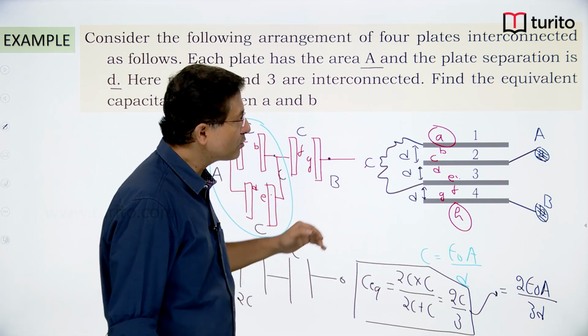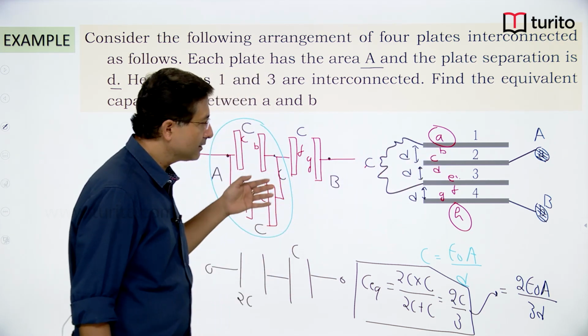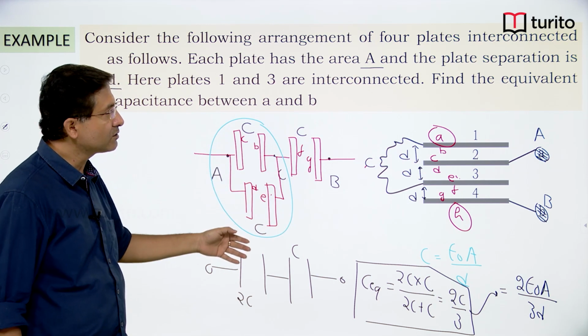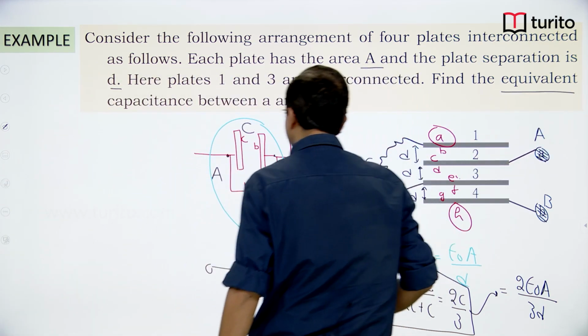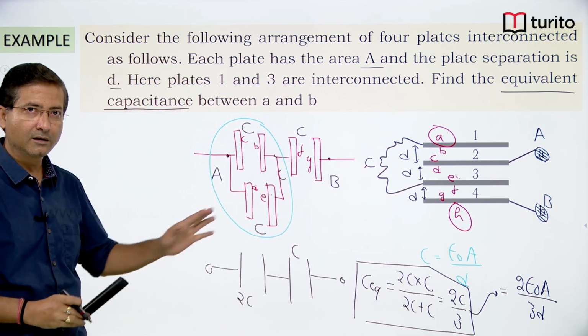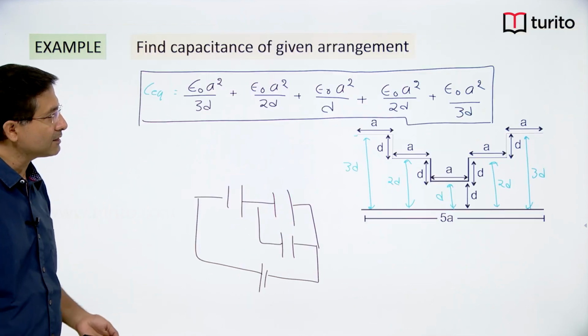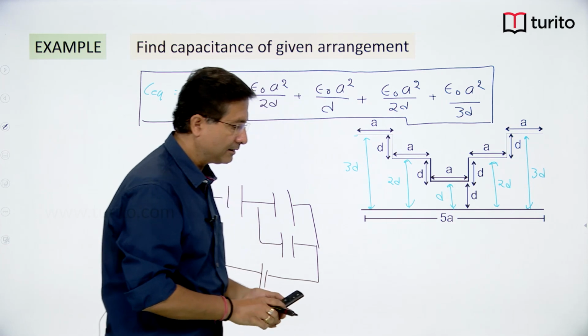And the use of naming the surfaces, next example I will tell, right. But for time being, how to find out C equivalent or equivalent capacitance, this is clear in this case as well as the previous case where there were plates only, right.